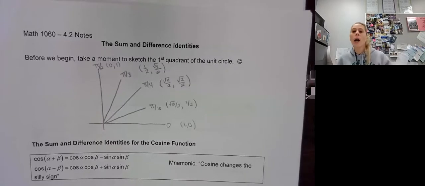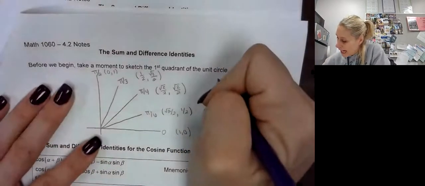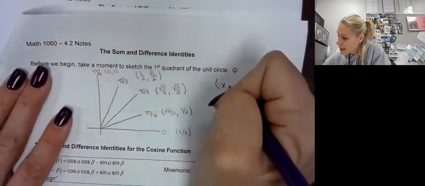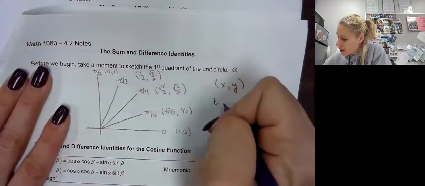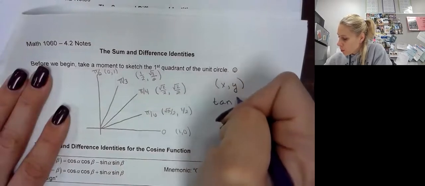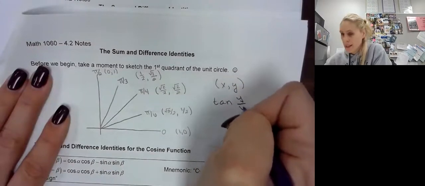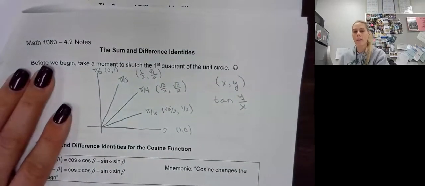Take a moment, pause if you need to, write it down, or pause it and see if you could do it yourself. All right. I also put the coordinates down. Now, don't forget the coordinate pair is x, comma, y. And of course, tangent is y over x. Let's keep that in mind. That will come up later.